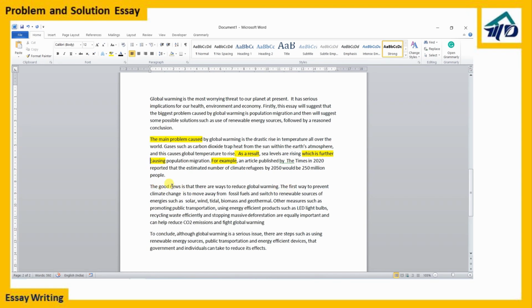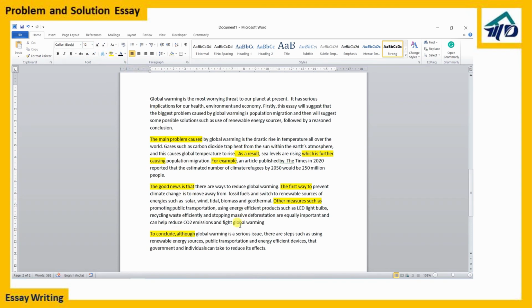Then the good news is that I can highlight this one. The first way, okay. Then I have written other measures such as, okay. Then what else is there? To conclude, okay. Then although, okay.